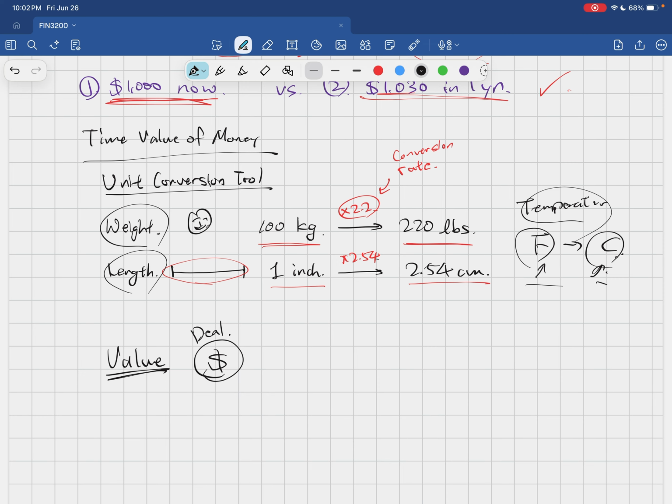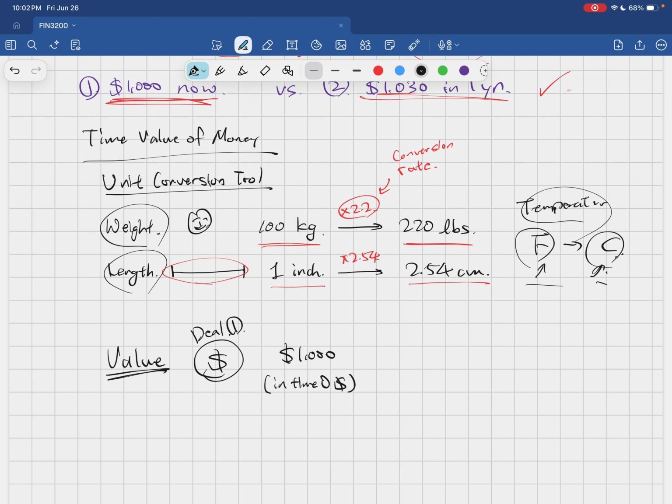Using the example that we just used, option 1, value of deal 1, it can be expressed in time $0. That is $1,000, but this dollar is in time $0.